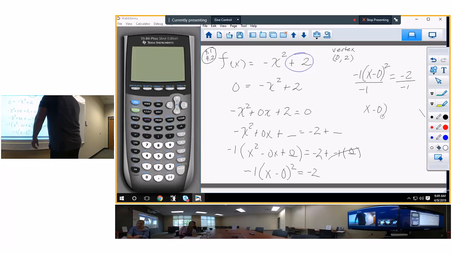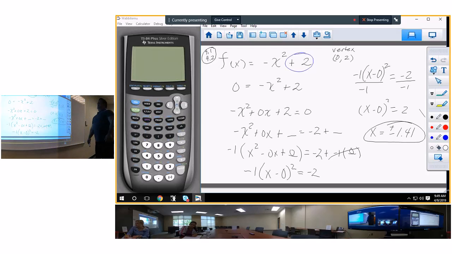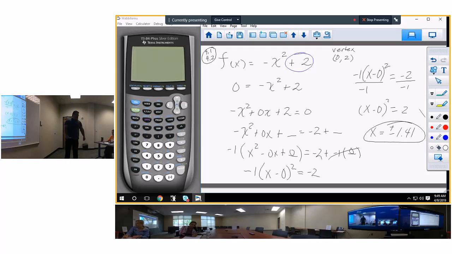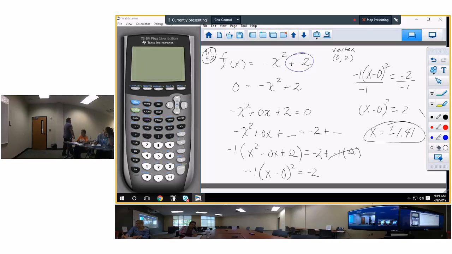X minus 0, quantity squared is equal to what? 2, so x is equal to positive and negative 1.41. Okay, so I want you to graph everything on that graph, the x-intercepts, the y-intercepts. Tell me what's increasing, tell me what's decreasing, and, you know, what else?